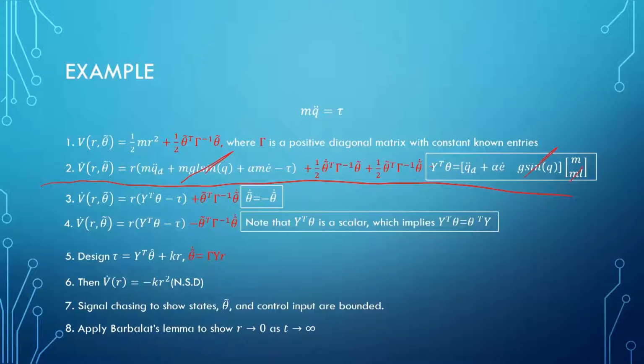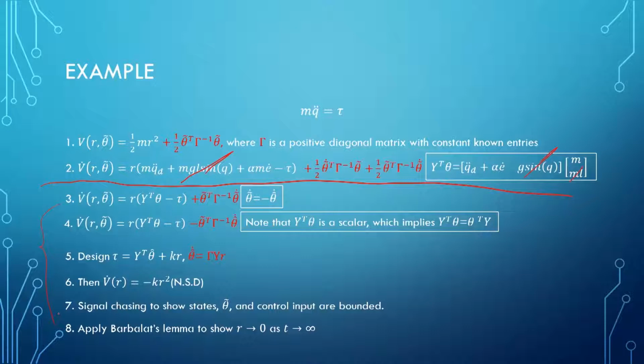So your controller is also different. The difference is Y transpose and theta, as well as theta hat. So you need to look into detail how step 3 to step 8 are doing. What's the strategy? If you have unknowns, how can you cancel the unknowns, or how do you deal with unknowns, okay?